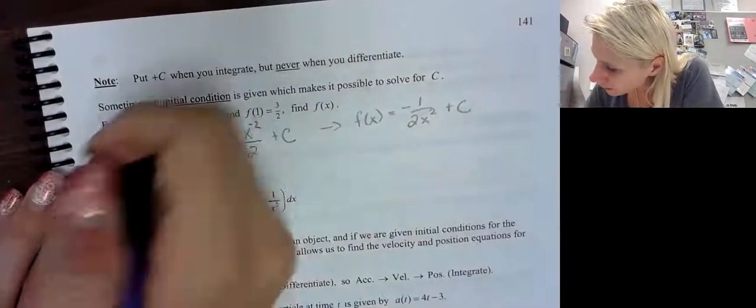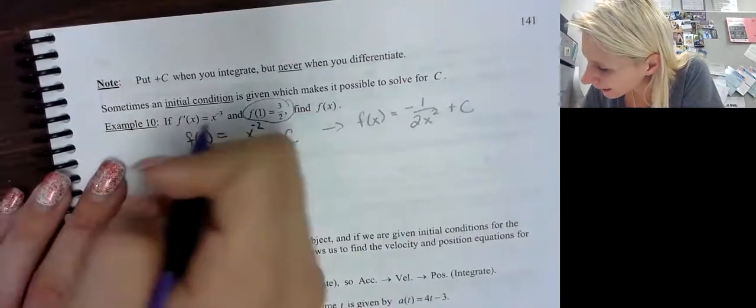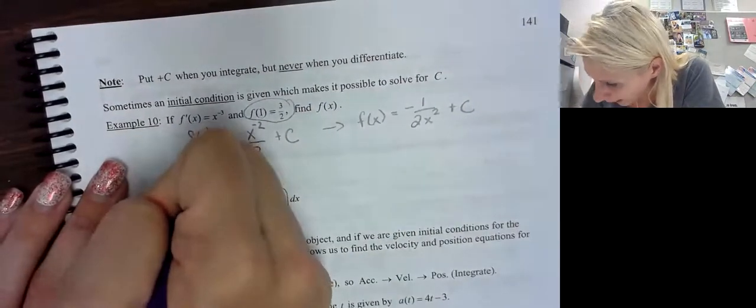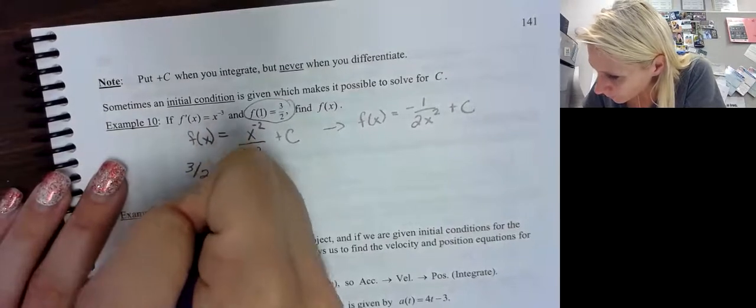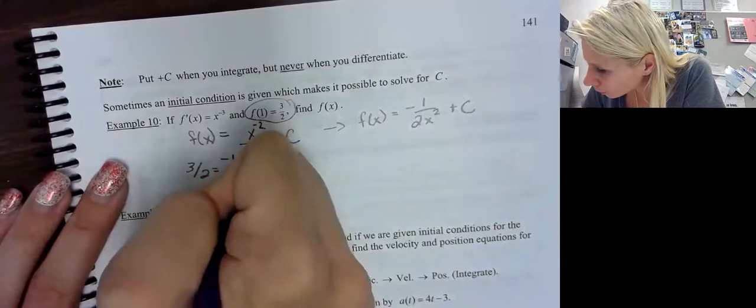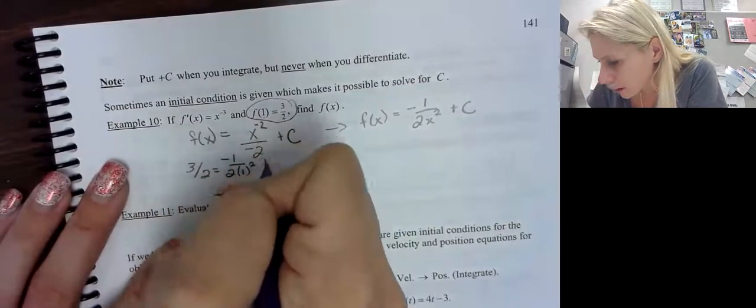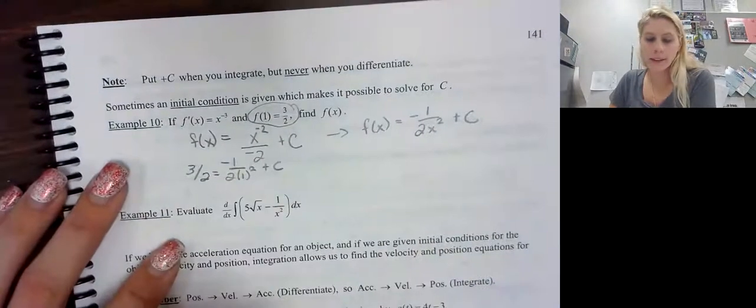So since we have this, I can say that 3/2 equals -1 over 2 times 1 squared plus c. And now I can solve for c.